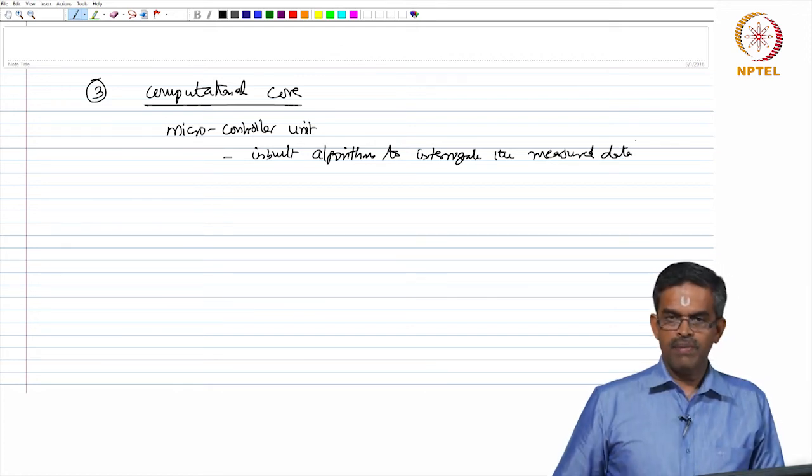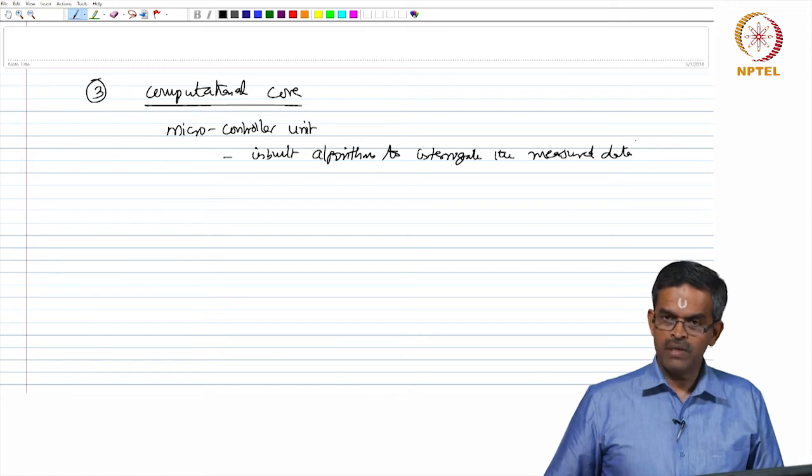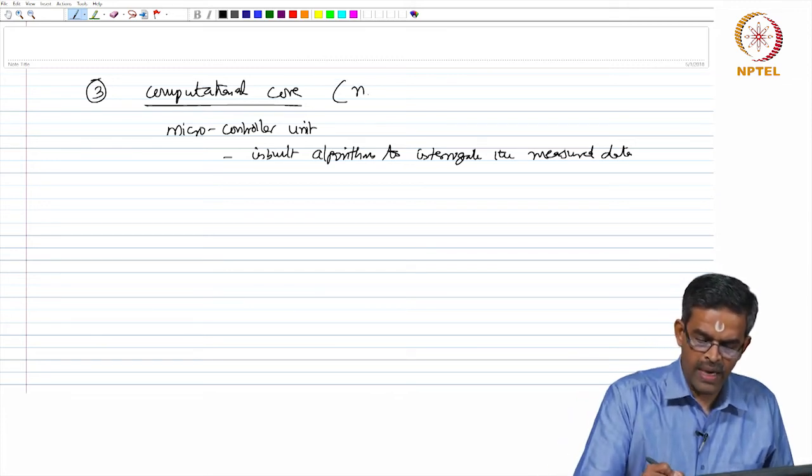So nowadays, please understand friends, the computational core is not a blind analyzer.